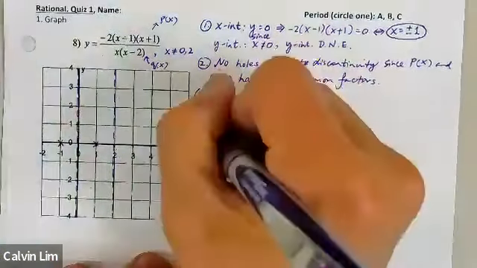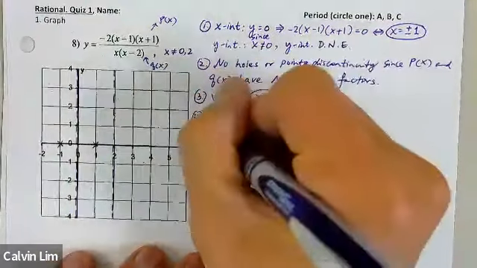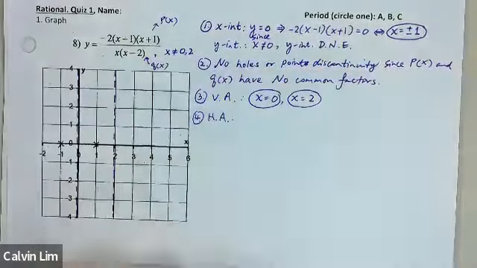What's the next thing? Horizontal asymptote. Any horizontal asymptote?